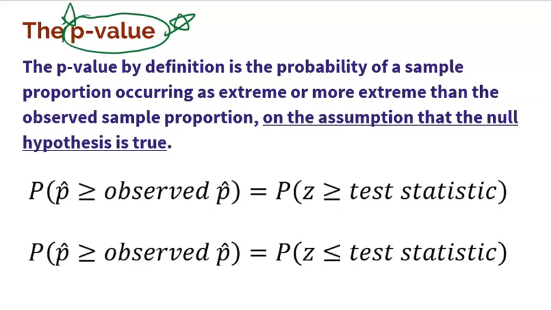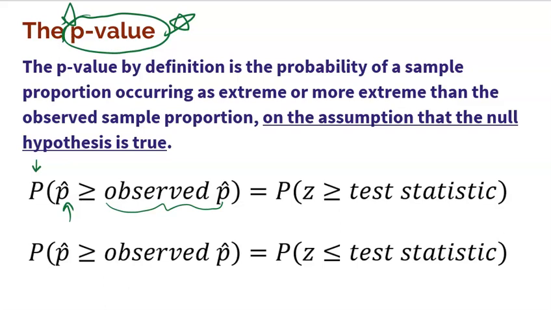So, what this looks like a little bit more mathematically is we're finding the probability, so there's the p for probability, that a sample proportion, p-hat, don't forget the little hat, is greater than or equal to our observed p-hat, the one that we found in our sample.